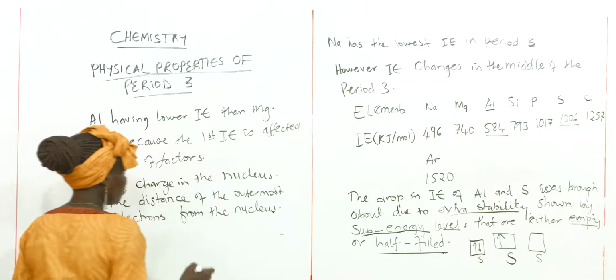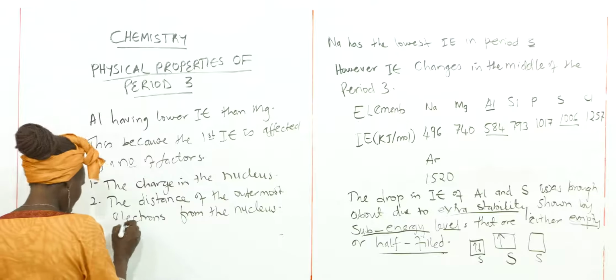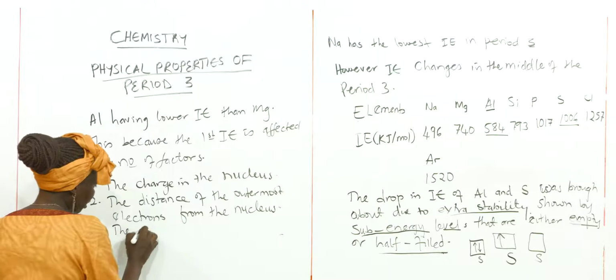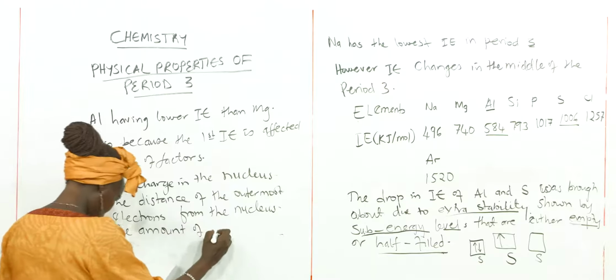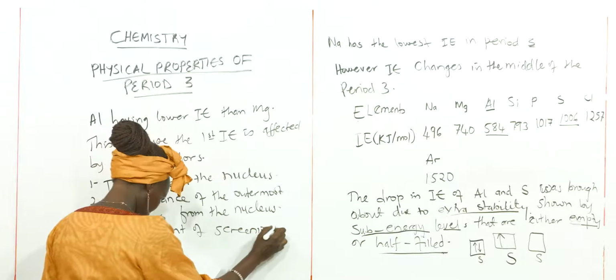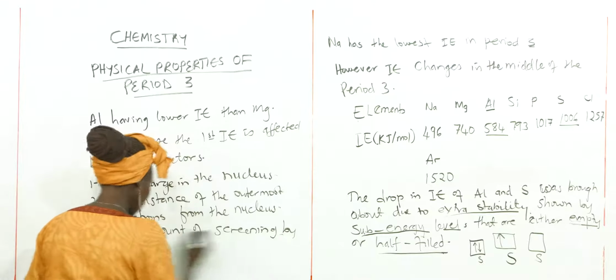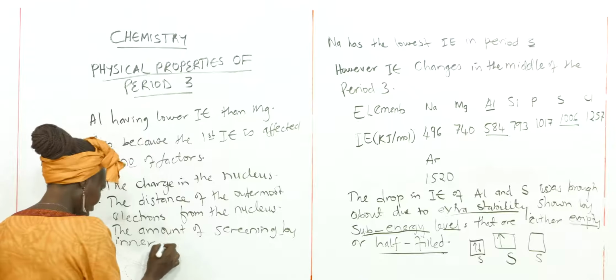The distance of the outermost electrons from the nucleus, and also the amount of screening by inner electrons.